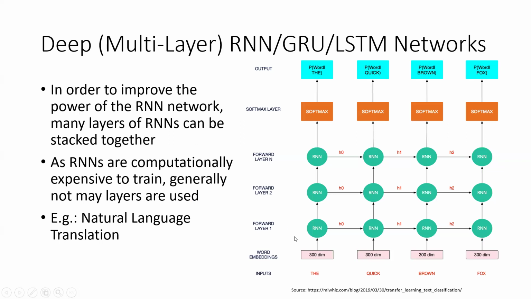Before the transformer model was introduced, even Google Translator was using this deep LSTM network, as I remember, 8 layers of LSTM layers for machine translation. That means before the transformer was introduced, they were using multi-layer LSTM networks for their Google Translator, right?